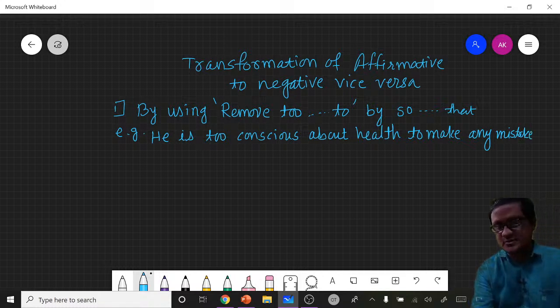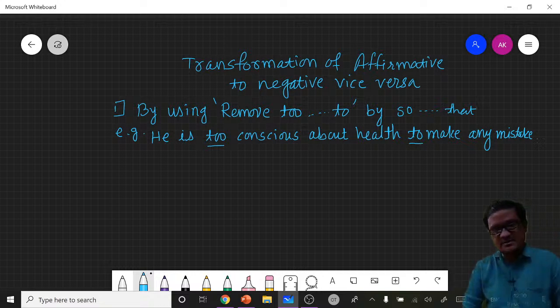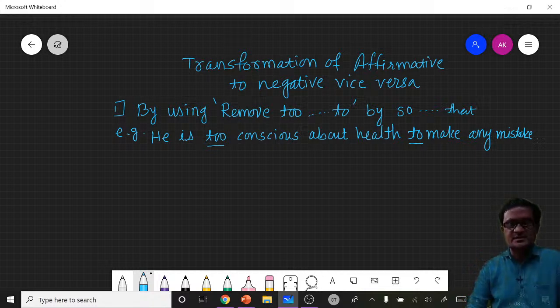He is too conscious to make any mistake. Here, the structure is like this: 'too' and 'to'. He's too conscious about health to make any mistake. वो अपने हेल्थ के बारे में इतना सजग है कि वो कोई भी गलती नहीं कर सकता.